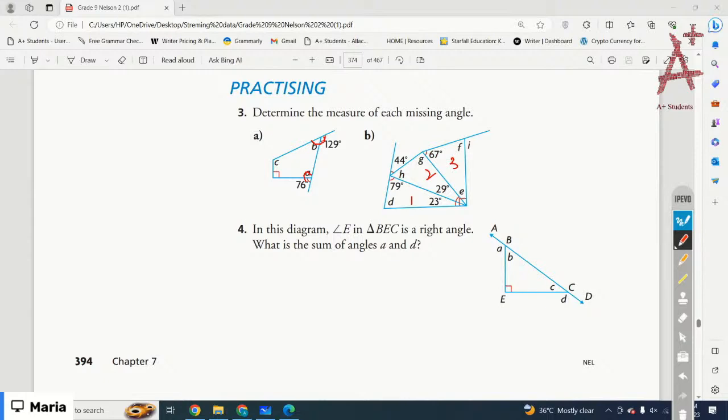Let's just solve with the triangles. You can find angle D, because we know that the sum of all three angles in a triangle must be 180, right?